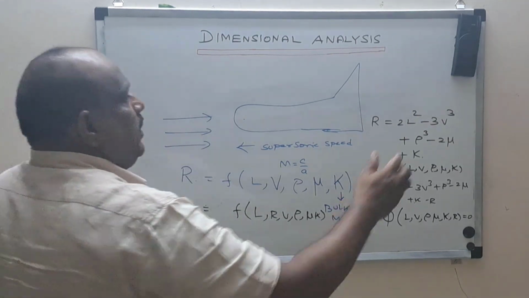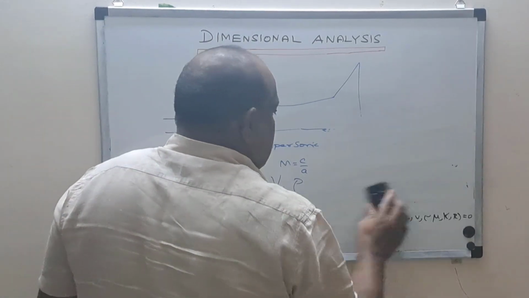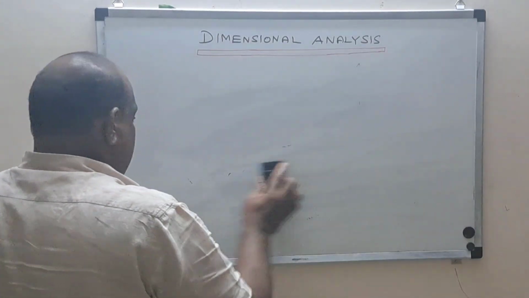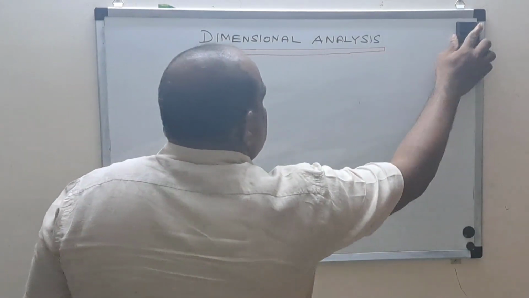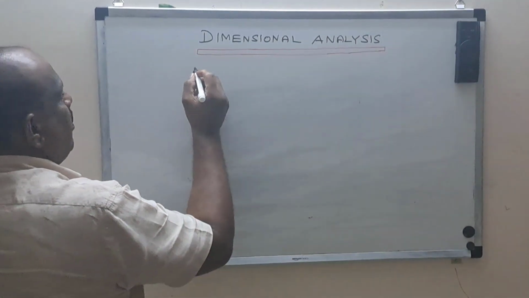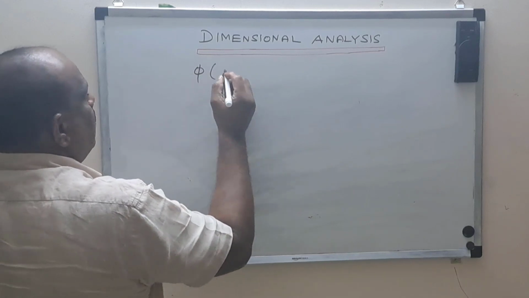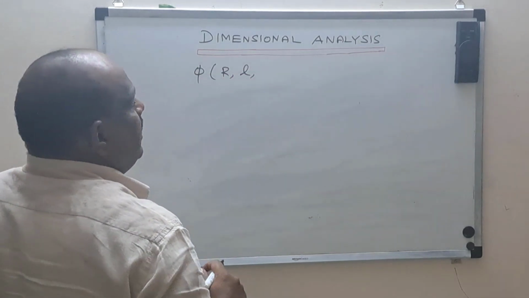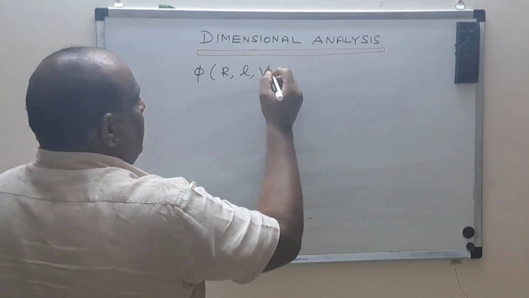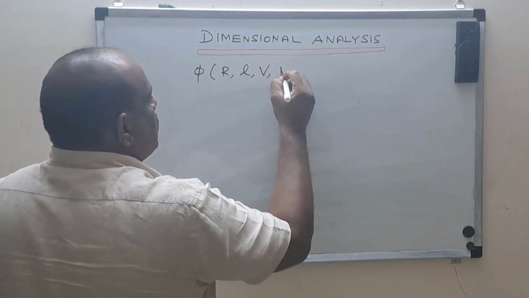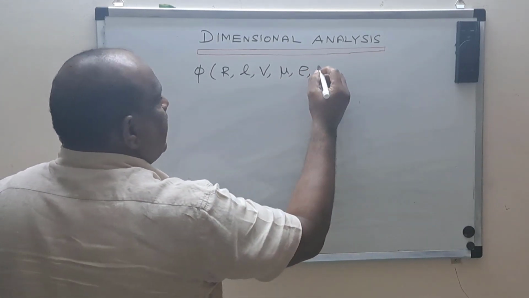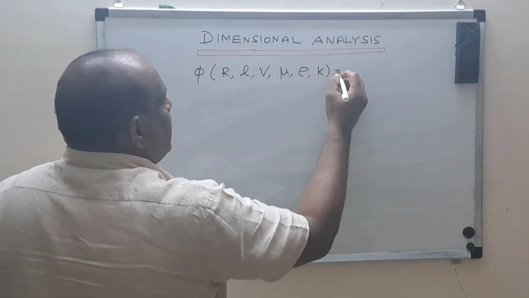I hope it's clear. So in this case we have written phi of R, L, where L is the length of the flight, then velocity of the flight, then the viscosity mu, then rho is nothing but the density, and k is nothing but the bulk modulus, is equal to 0.